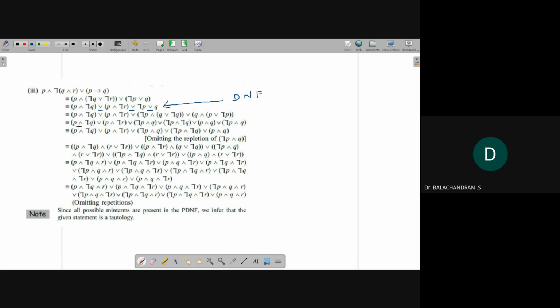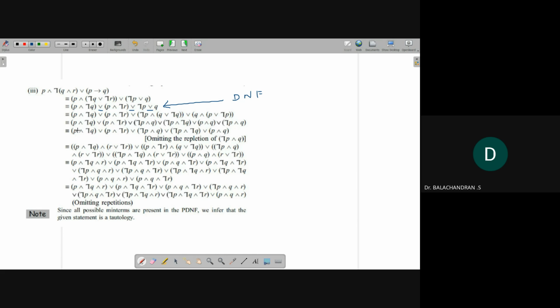Please check it. P and negation Q, P and negation R. I think negation P and Q is repeated, and it is mentioned here. So negation P and Q, negation P and Q. Now you have 5 terms: 1, 2, 3, 4, 5.